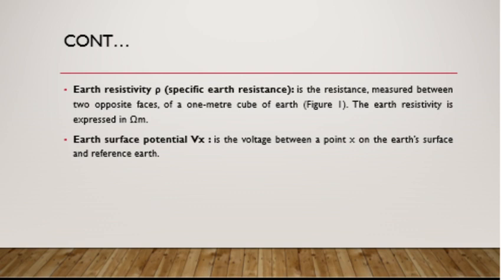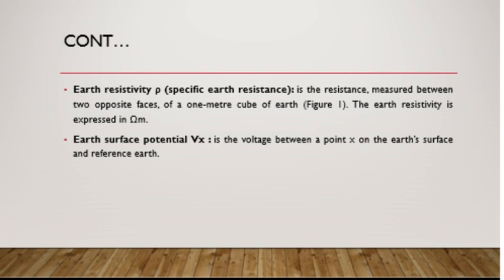Reference earth we have taken is where we are digging and putting the earthing rod, and we assume that the reference earth is at 0 volt. But at some other distance x, if we travel a distance of x meters from that earthing rod on the surface of the earth only, let's suppose we reach a certain point P. From point P to that earthing rod there will be a certain amount of distance.